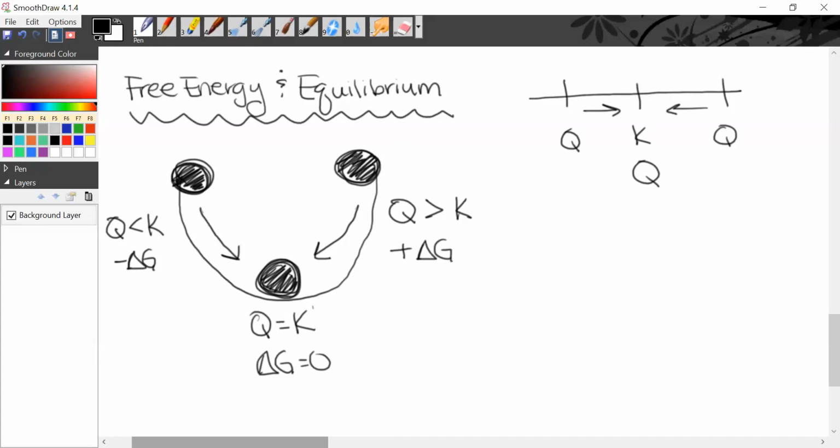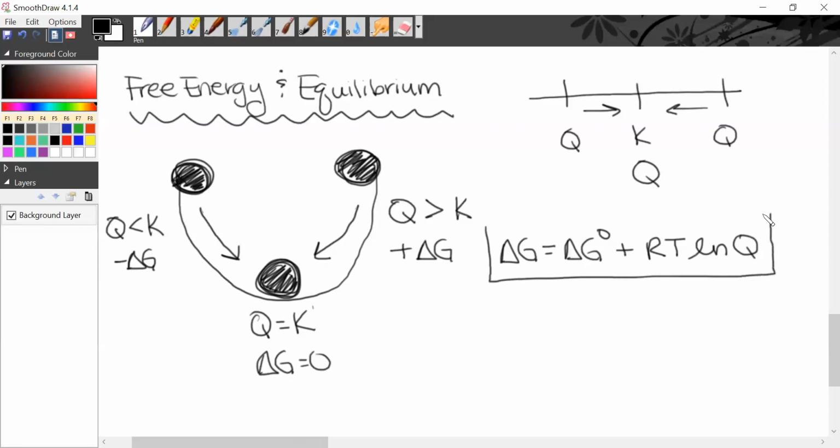Okay, here is the first equation relating free energy to this reaction quotient. Your delta G under any conditions, so notice I didn't put a standard, is equal to your delta G under standard conditions plus R times T natural log of Q. And again, these are all going to be on your equation sheet.